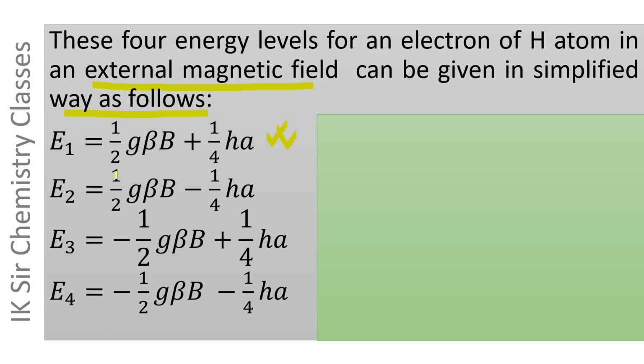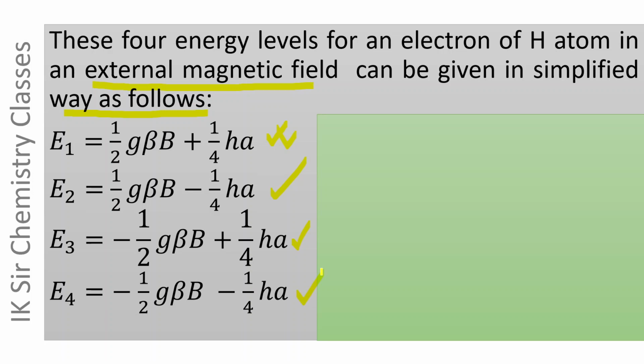Similarly, E2 is equal to 1 by 2 G beta B minus 1 by 4 HA. E3 is equal to minus 1 by 2 G beta B plus 1 by 2 HA. These expressions are obtained by solving the previous expressions, and E4 is equal to minus 1 by 2 G beta B minus 1 by 4 HA.